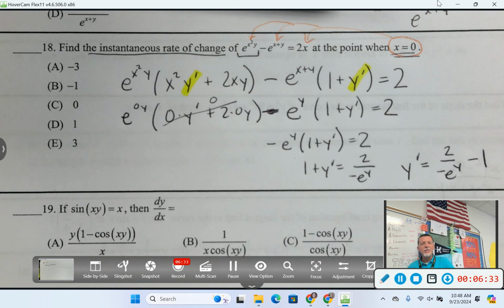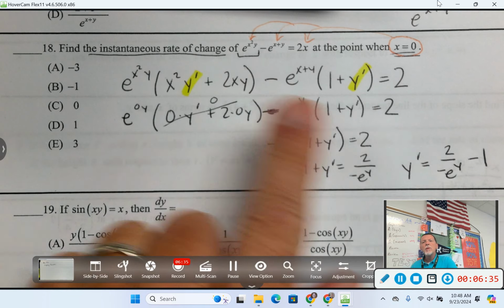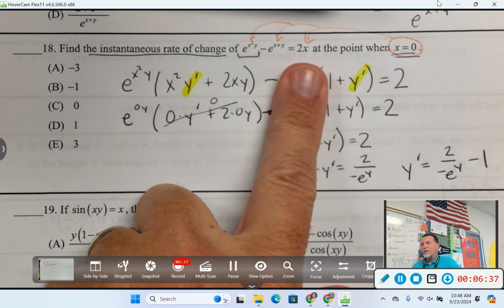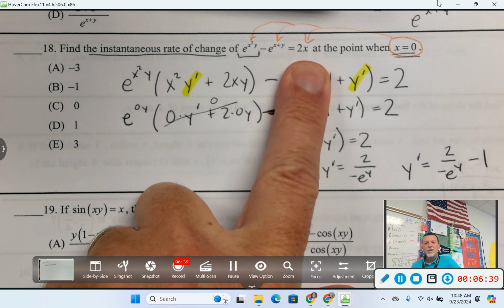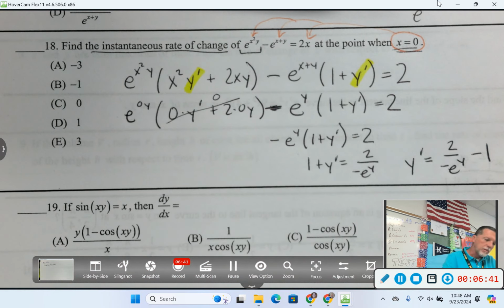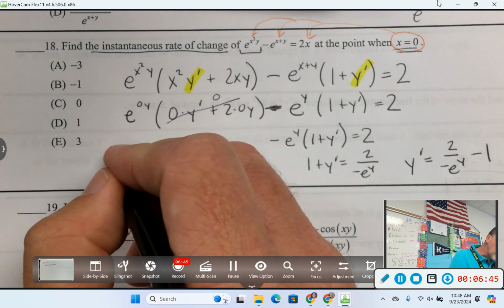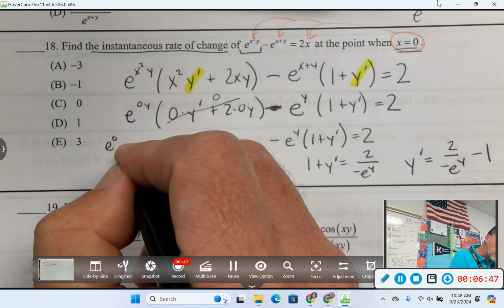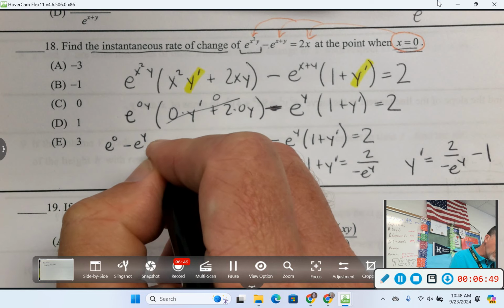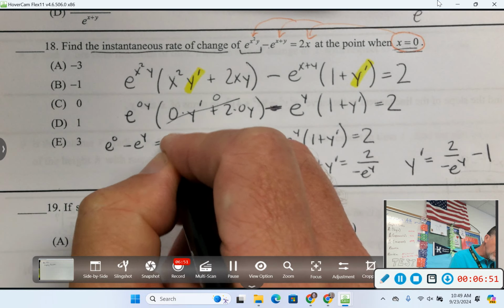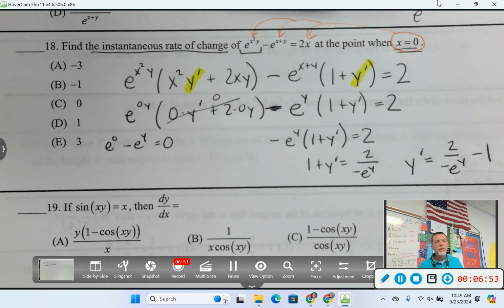I already plugged it into the derivative, that's what I'm looking for. But maybe if I plug it into the original, I can figure out what y is. So this is another algebra mess of a problem here. So x equals 0 back into the original problem. So e to the 0 minus e to the y equals 0. Yeah, 0 times y is 0.